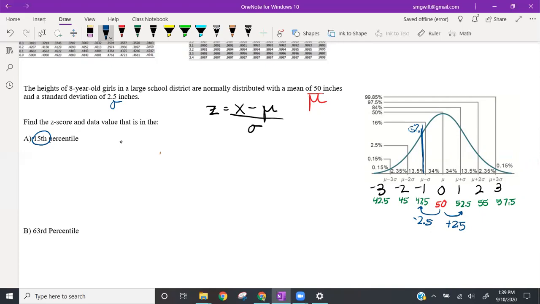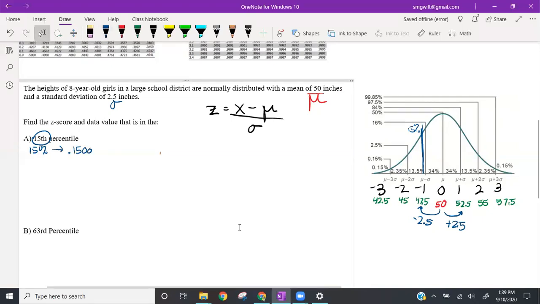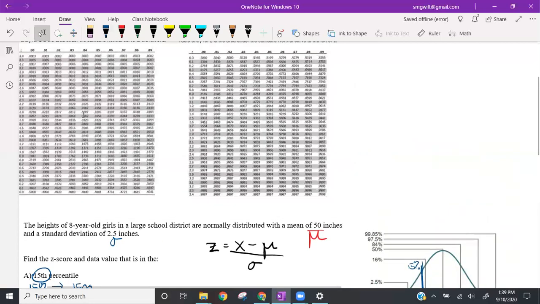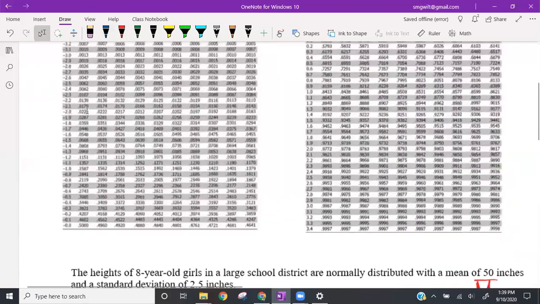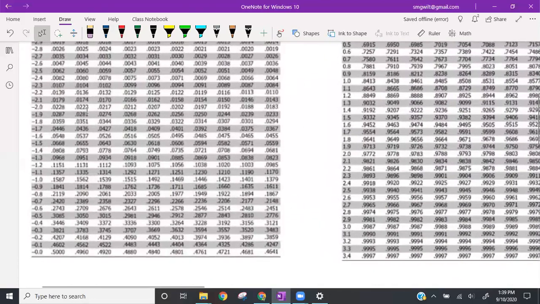Remember that what I'm looking for is the closest value to 15% on the z-table, meaning the closest to 0.1500. We know it's going to be a negative value, so we're going to look at the negative z-table. And if we zoom in, I've got 15s here in this row with -1.0.